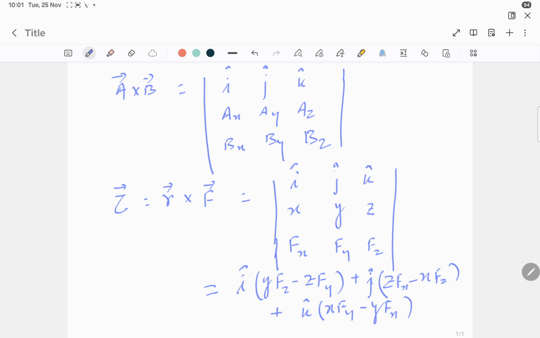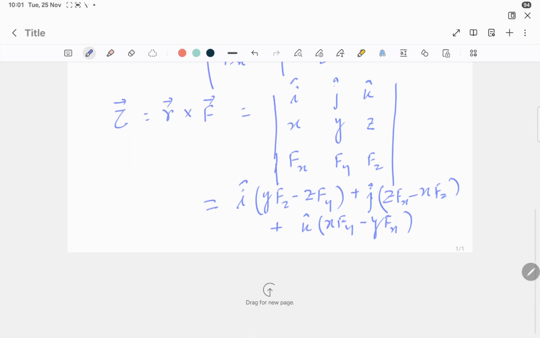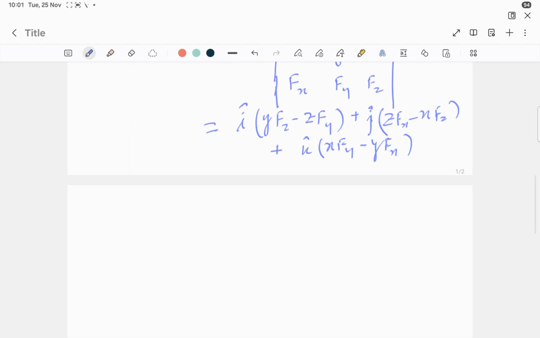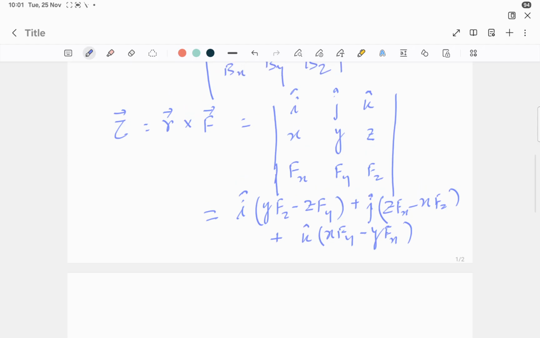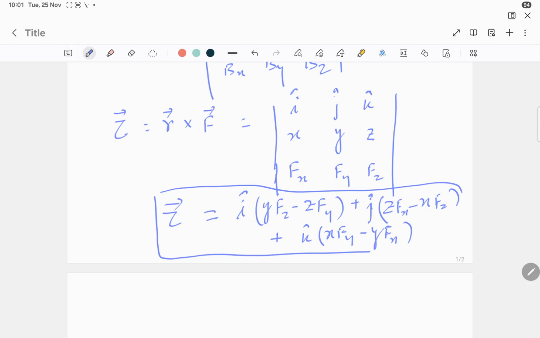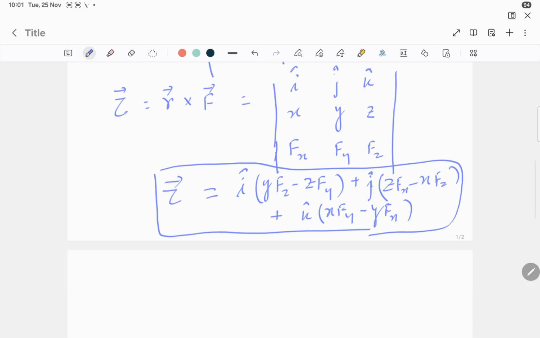So this is the complete expression for torque in component form. So this is torque, and these are the components.